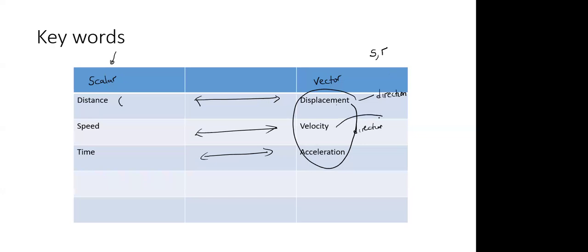Velocity, the common one we use is V. Acceleration, we denote by A. So when you find A, it means you are looking for acceleration, but the units will also guide you, because acceleration is given in meters per second squared. Velocity is in meters per second, and displacement is in meters.